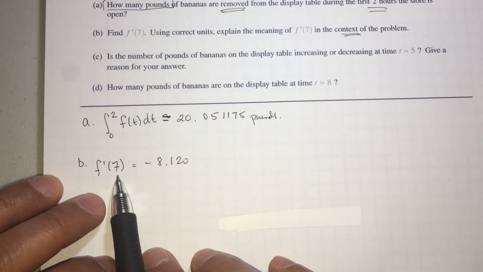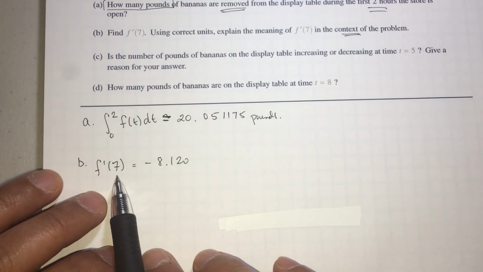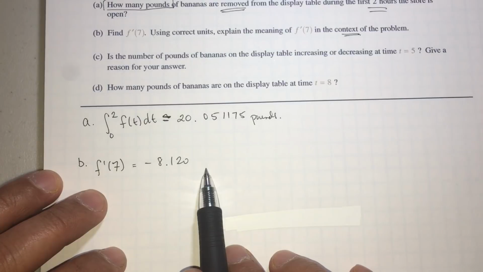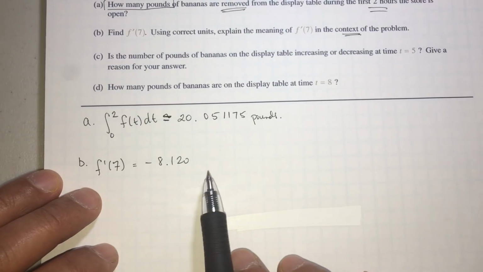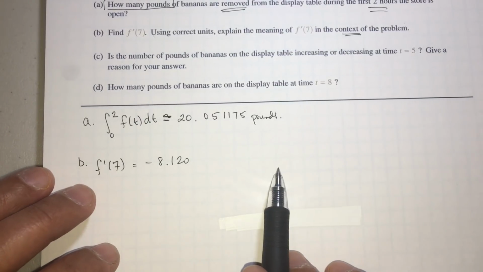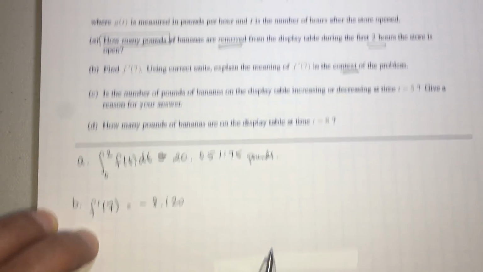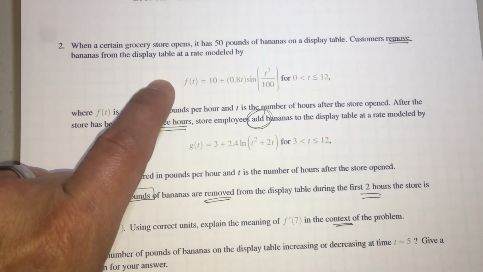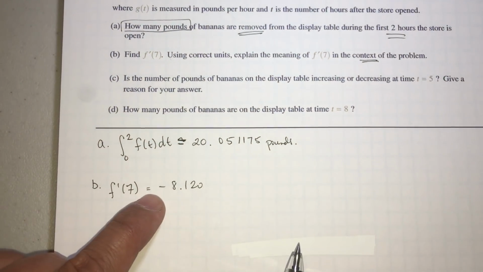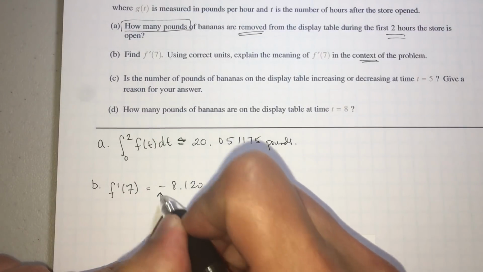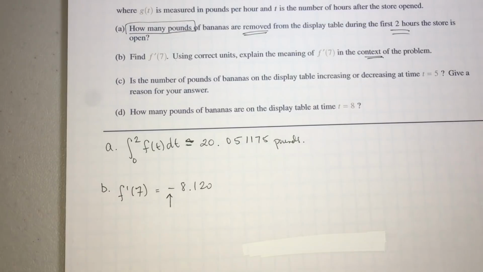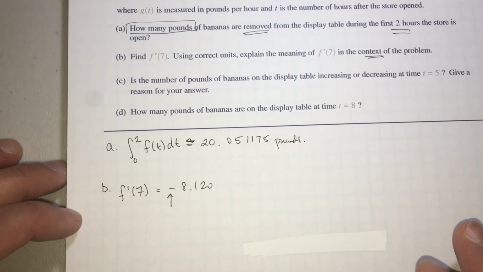After the store has been open 7 hours, the rate at which bananas are removed from the display table is decreasing by 8.120 pounds per hour.